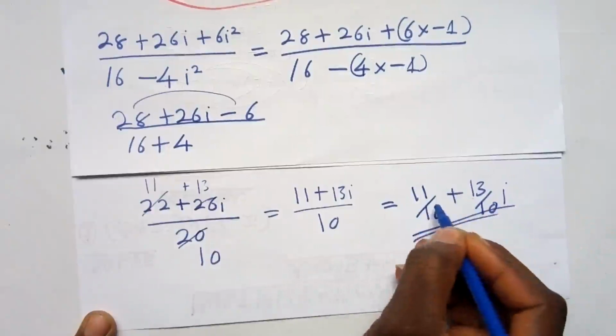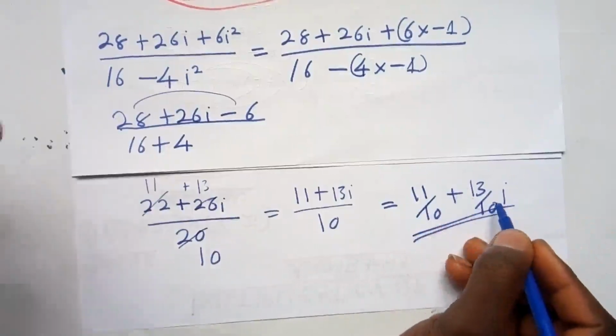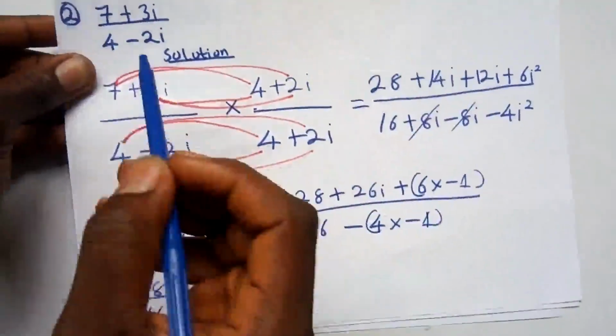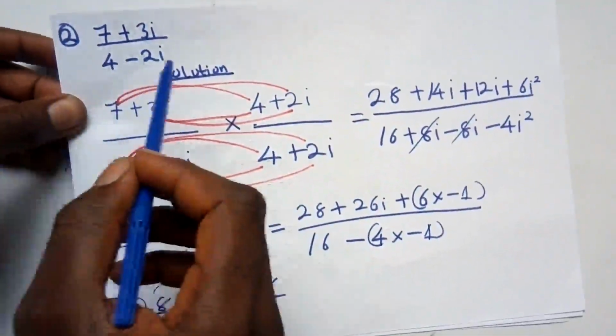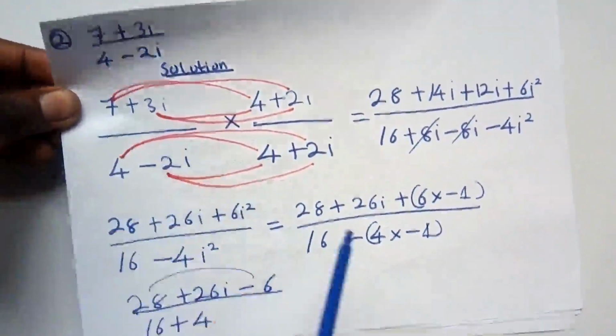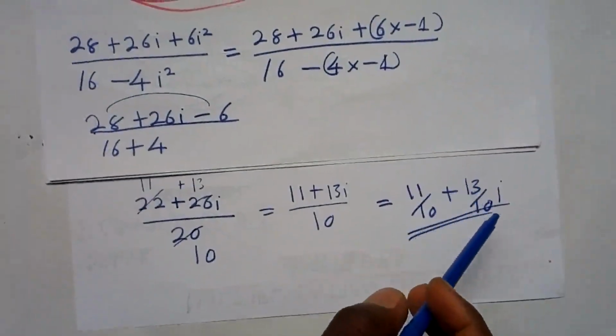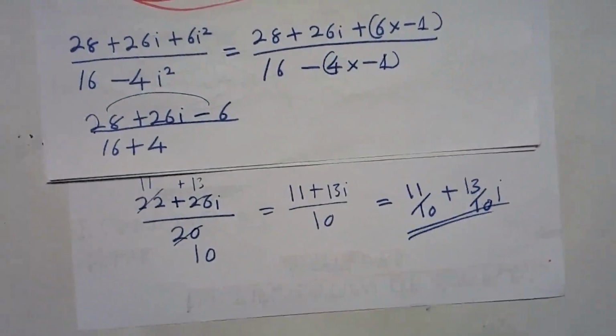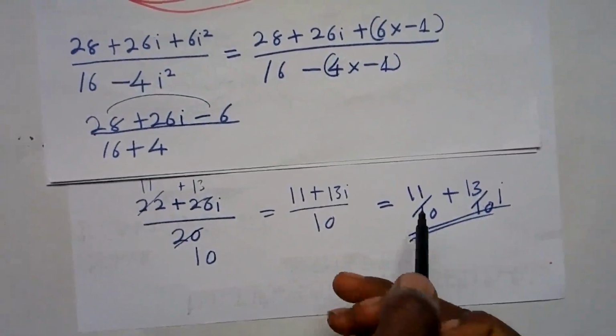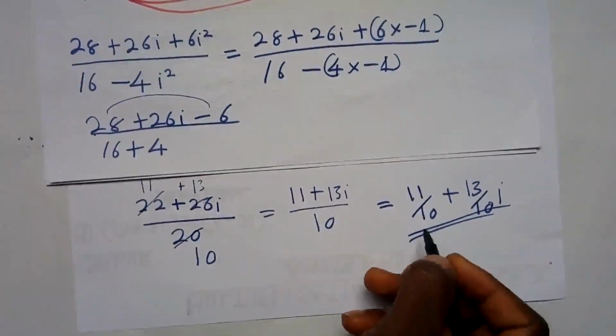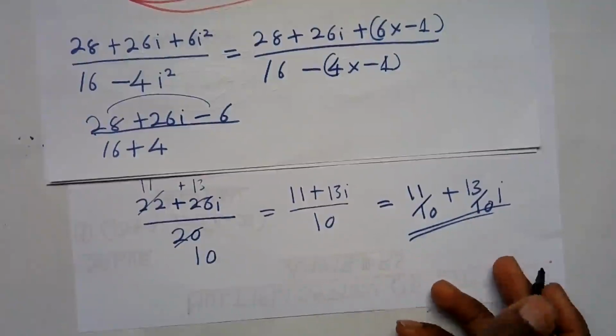So this is the real part and this is the imaginary part. When you divide 7 plus 3i by 4 minus 2i, you will get 11 over 10 plus 13 over 10i. Always remember that you need to leave your answer in this format, the real part and the imaginary part.